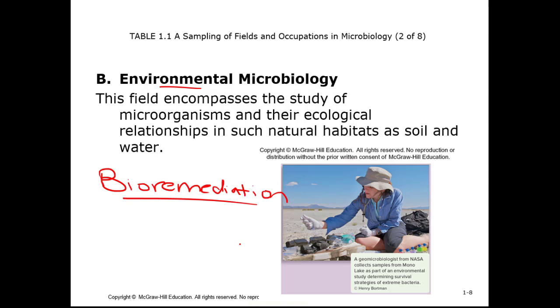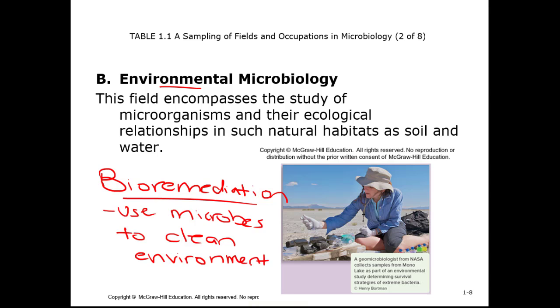Bioremediation is taking microbes, using microorganisms to clean the environment in some way. Because microorganisms don't just eat food like humans do, some microbes can eat aromatic compounds, toxic compounds that would be toxic to humans. Let me give you an example.